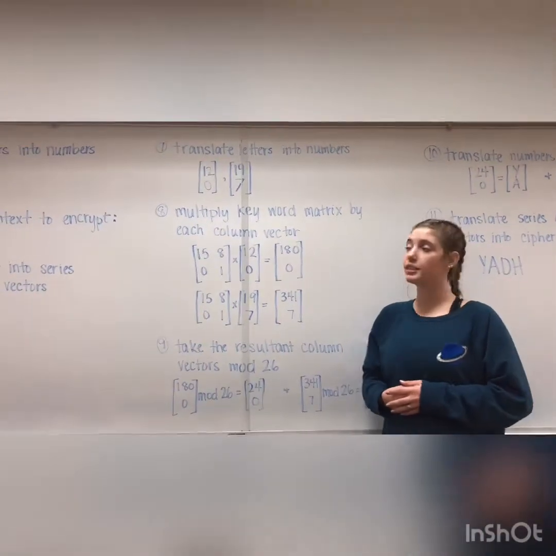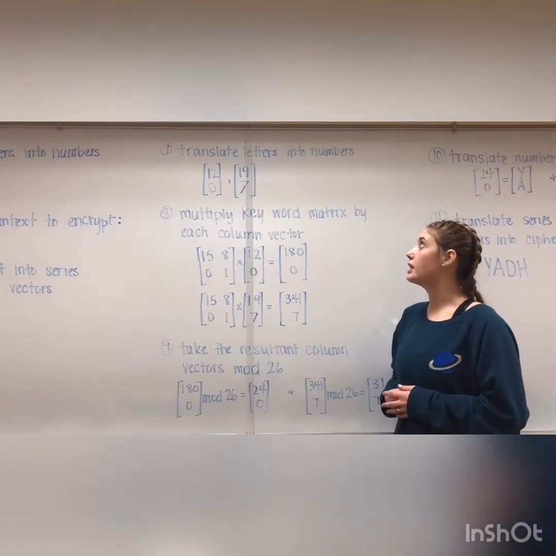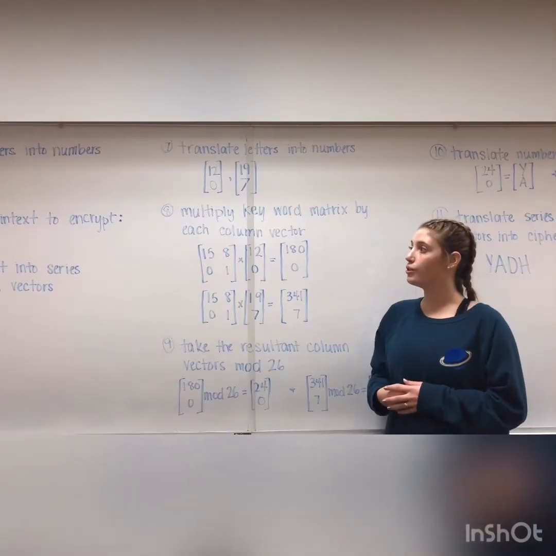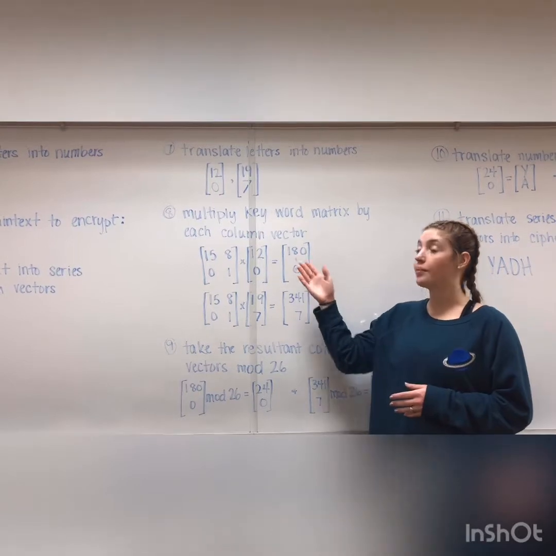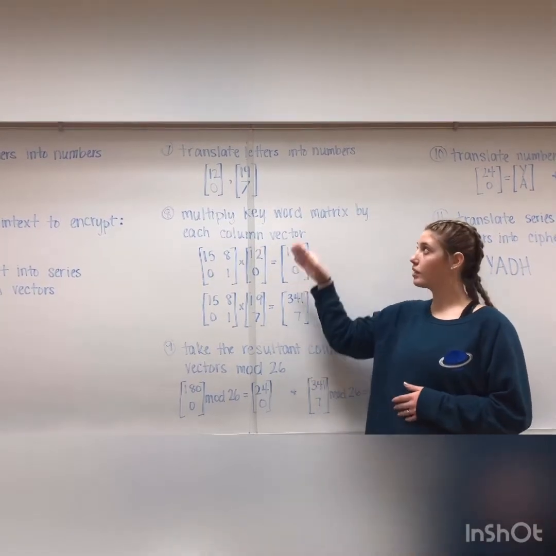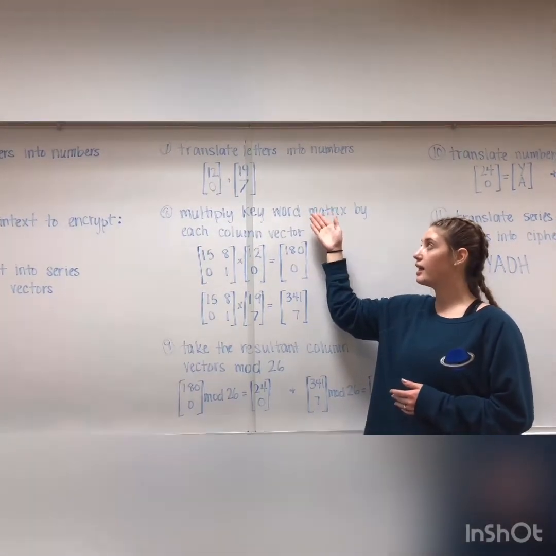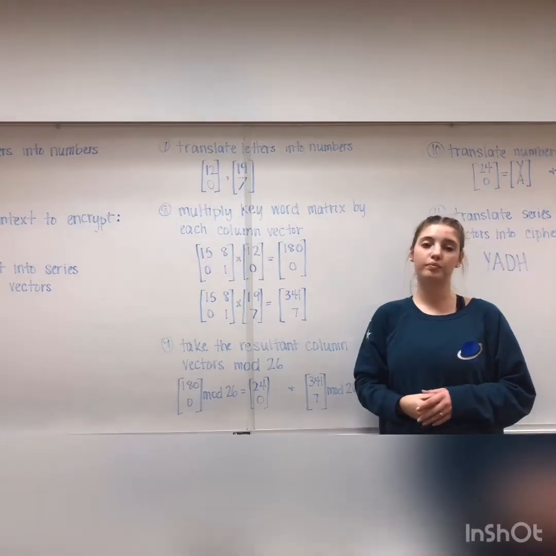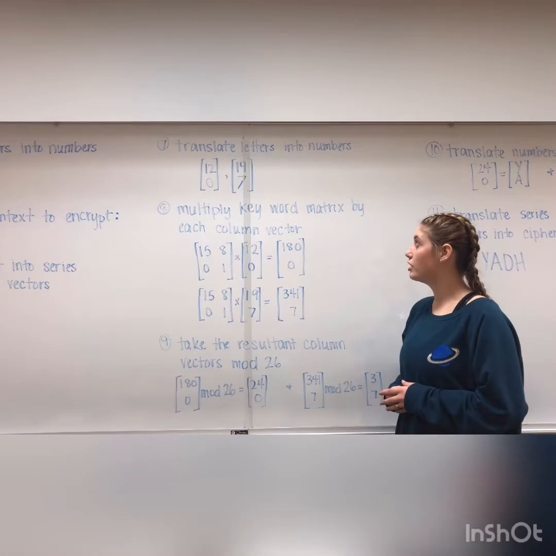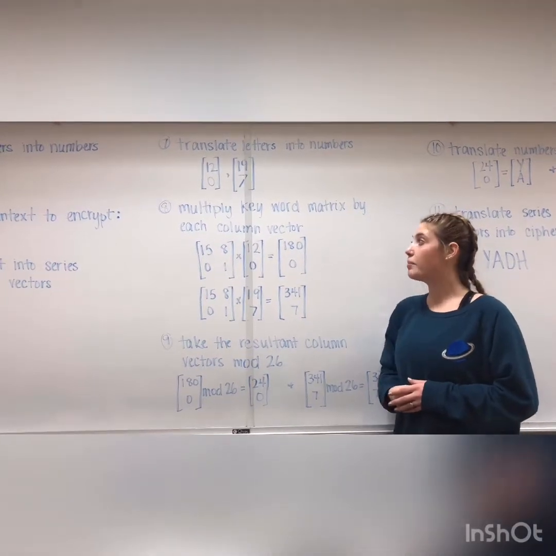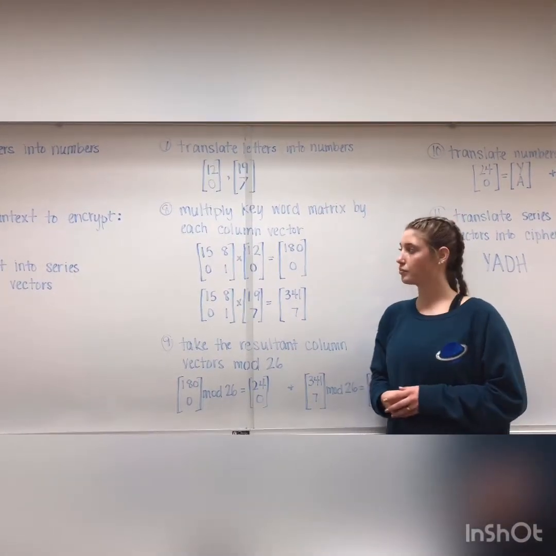Step 7 is to translate these column vectors into numbers. We know using our alphabetical zero-based indexing that 12 goes to M, 0 to A, and then 19 to T, and 7 to H. Step 8 is to multiply the keyword matrix by each column vector.